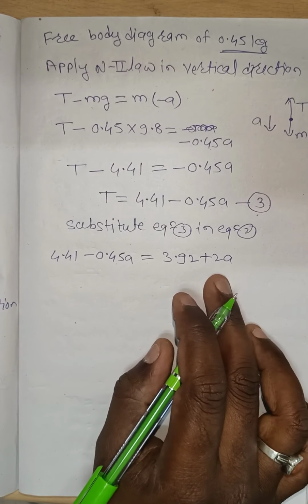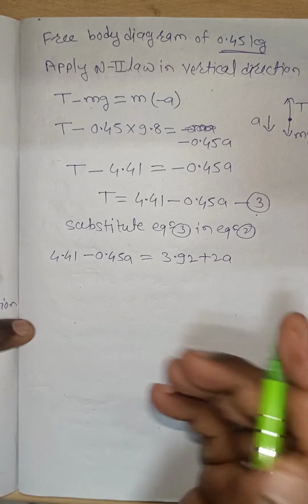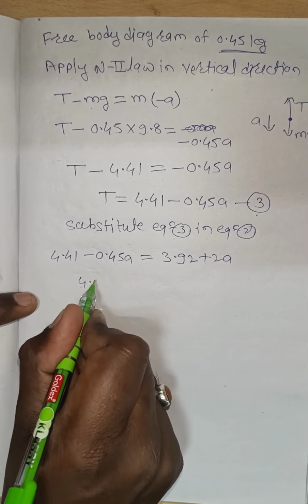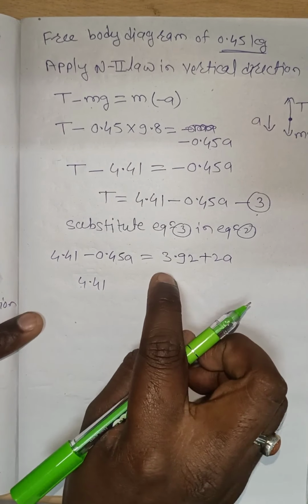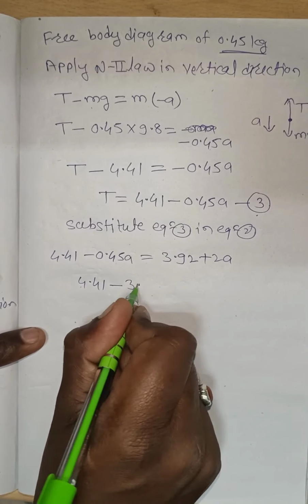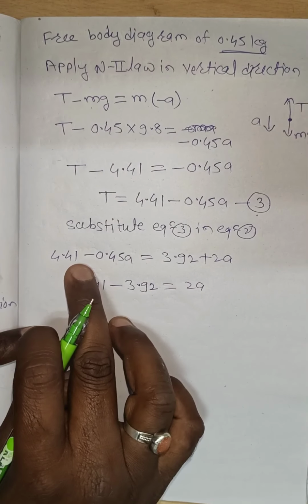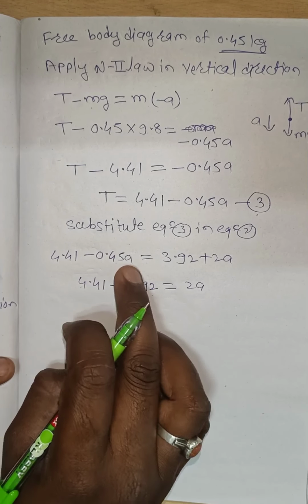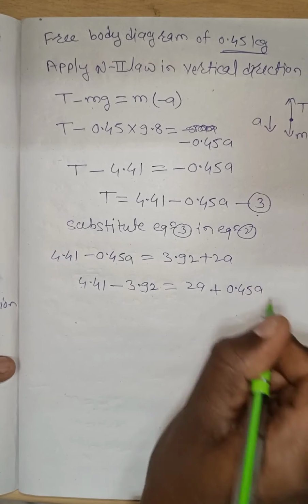From that, we have to find out the a value, that is the acceleration value. Now we shift 3.92 to the left, it becomes minus 3.92, which is equal to 2a. We shift minus 0.45a to the right, it becomes plus 0.45a.